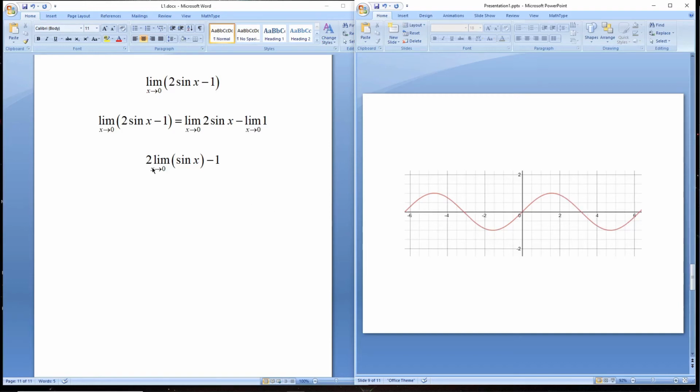So if we look at an input of 0, well, if we approach 0, what height are we at? We're at 0. So the limit of sine as we approach 0 is 0.